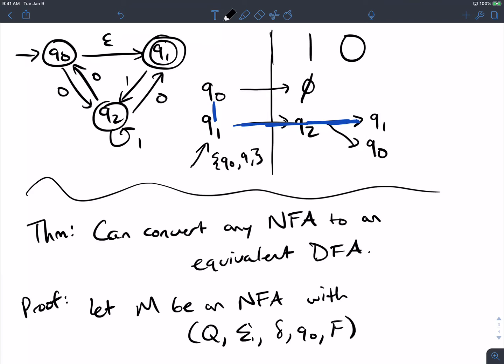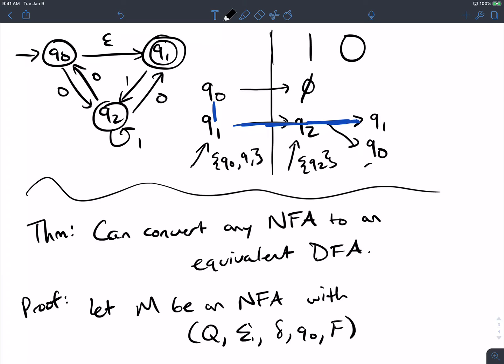What about right here? After we've read the 1, what is the set of states that I can reach after reading a 1? Just Q2. Remember, this is just a set of states. So the states that I can reach is just Q2 only.